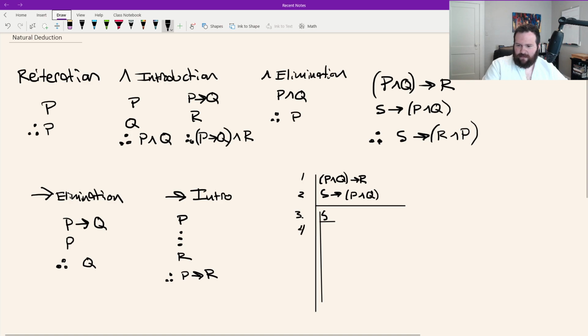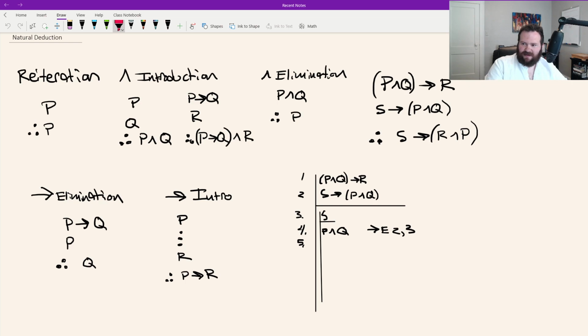On line 4, I'm going to see if I can use that assumption to get anything useful. It looks like I can use it in combination with line 2 to unlock P and Q, right? That's conditional elimination, line 2 and 3. But what I'm trying to get is R and P, not P and Q, okay?